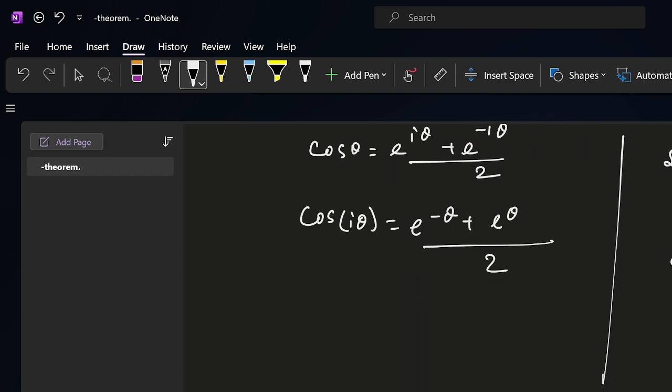So just by using that information, cot(i theta), which is cos by sine, is e to the power of minus theta plus e to the power of theta by e to the power of minus theta minus e to the power of theta, and then here it was a 1 by 2i, so the 2 and 2 cancel out, but the 1 by i goes on the numerator, so this is i, the rest is the same.